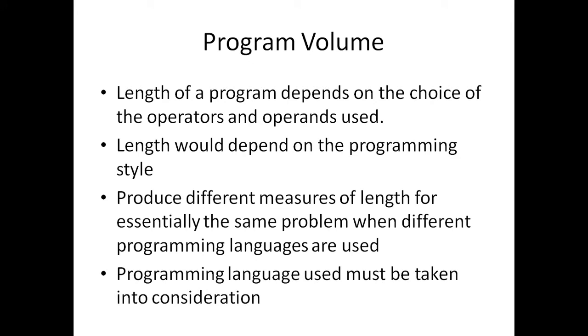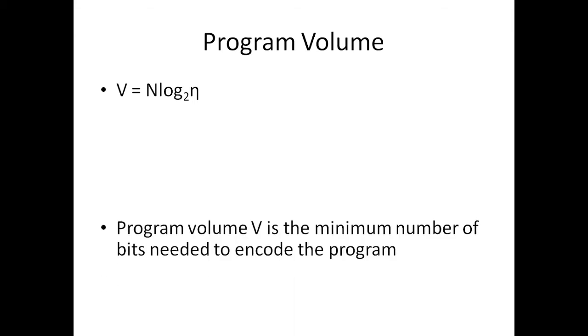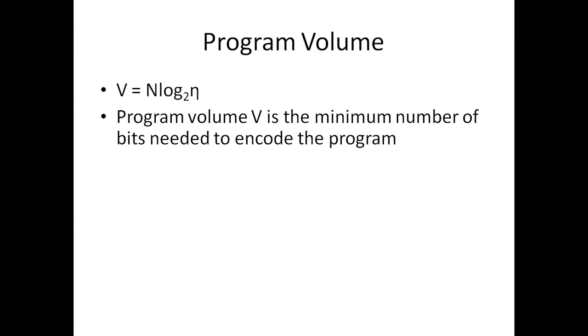So in order to compensate for that, he calculated the program volume. He considered program volume to compensate for programming style and also the programming language. Program volume is defined as V equals N log eta to the base 2. Let's try to understand this expression. Program volume V is the minimum number of bits needed to encode the program.